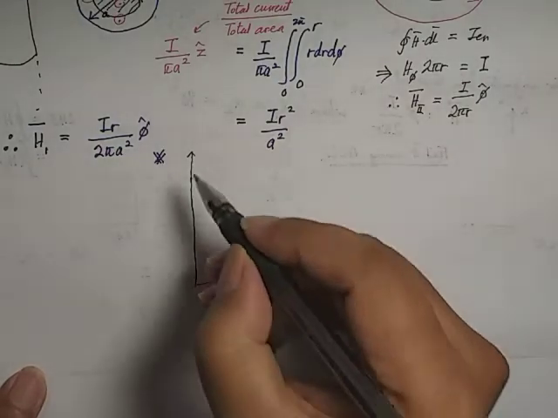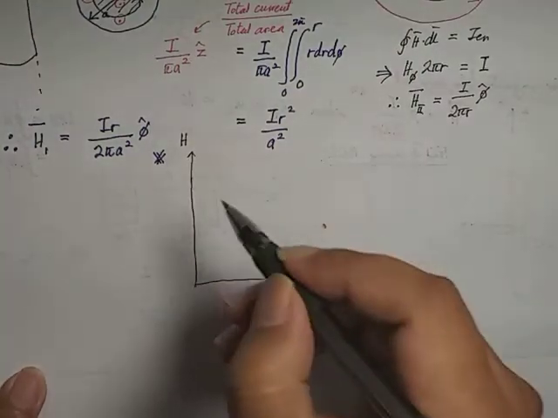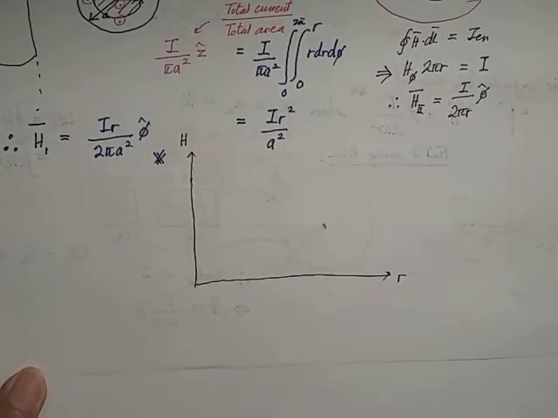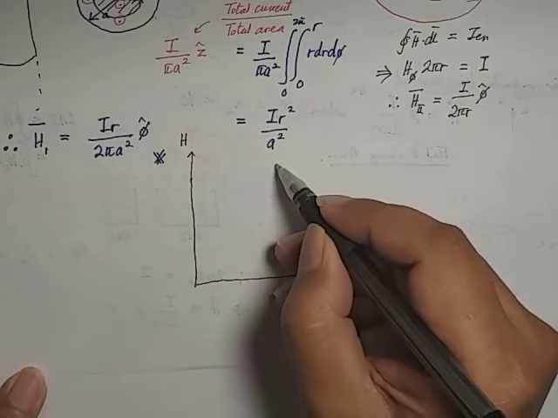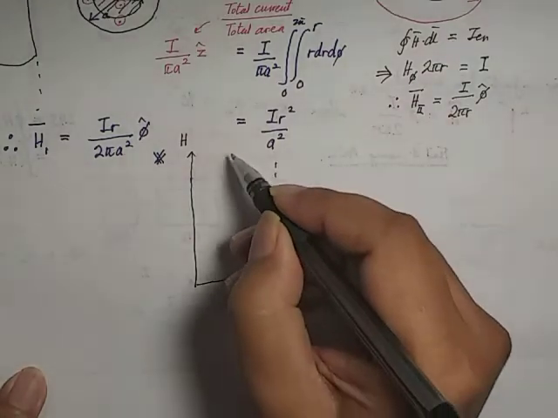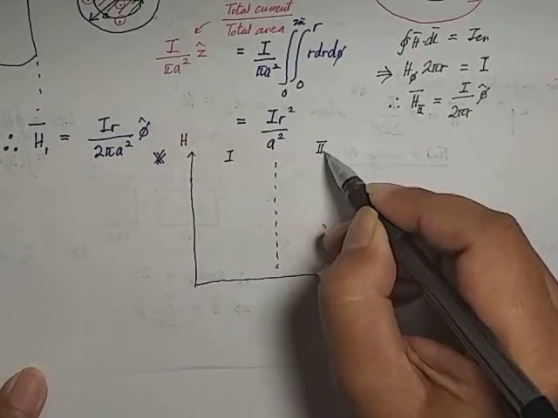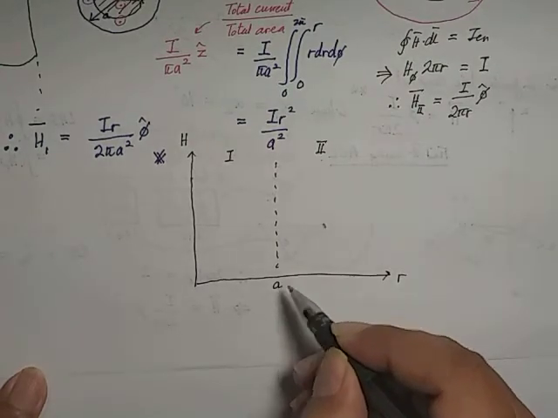So this is our H, and this is our R, because we're going to plot H against R, and then we know there's going to be a boundary defining region 1 and region 2, and that is defined by what? R equal to A, correct?